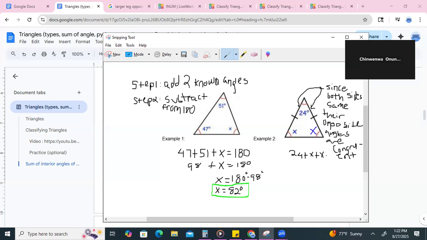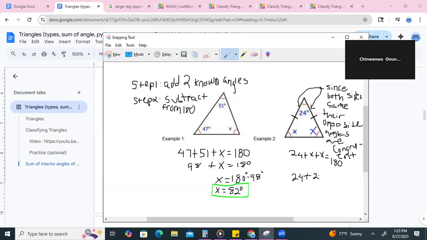Since there's no number to really add to 24, step one here will be just to subtract that from 180. Sorry, I skipped something. So it would just say 24 plus double of x, plus 2x, equals 180.